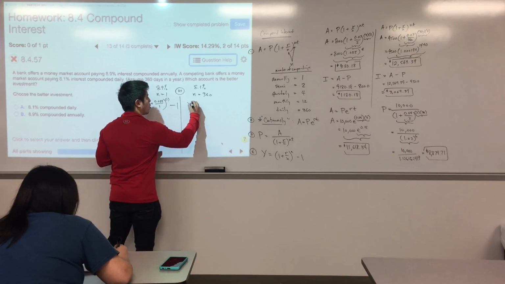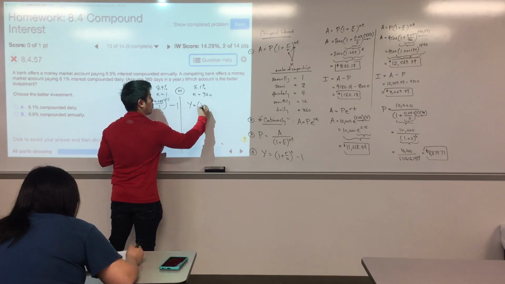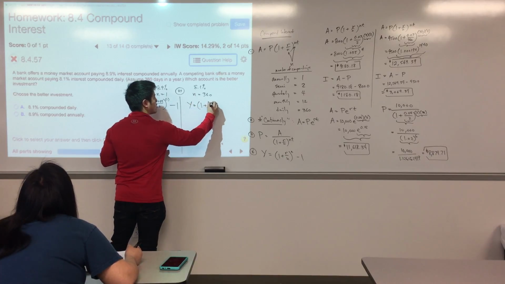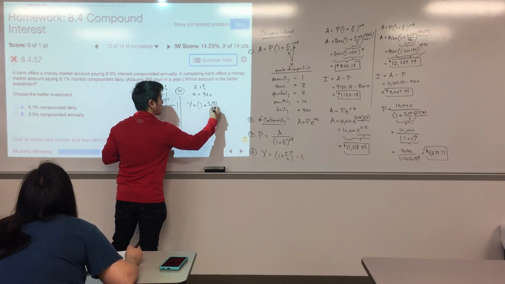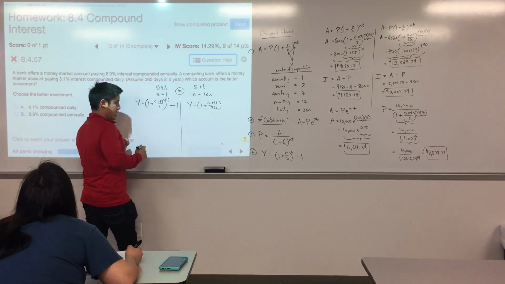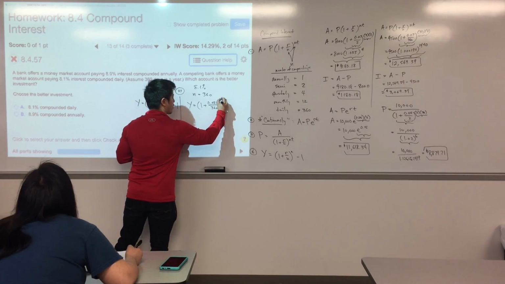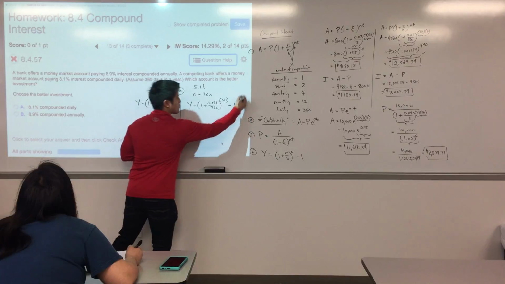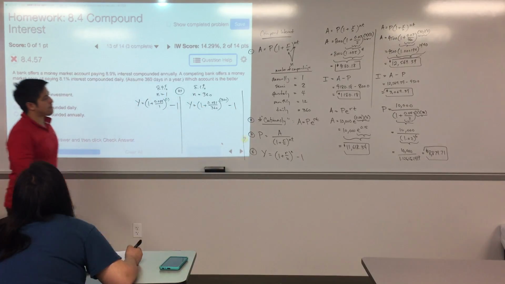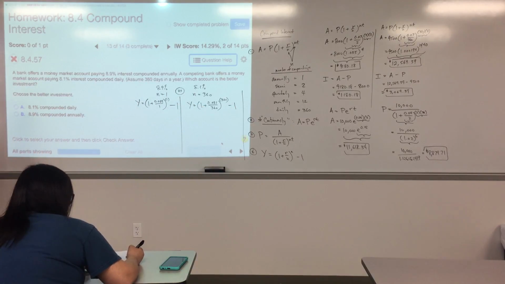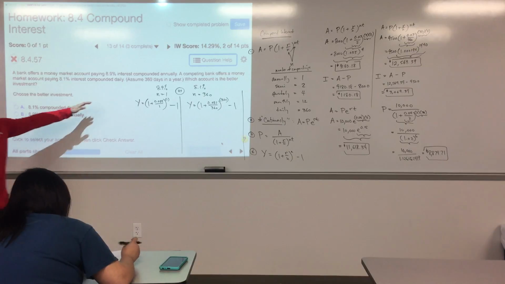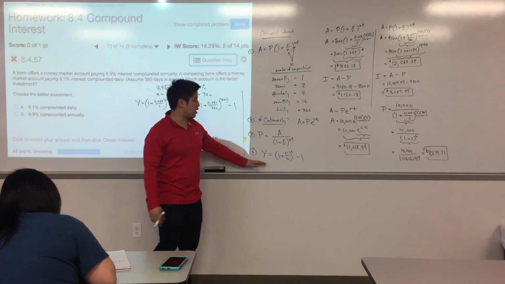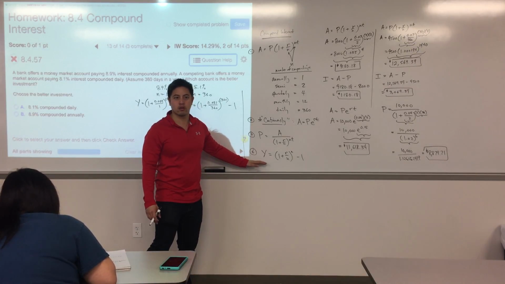The other one, y equals 1 plus your rate, 0.081, over your n, this time it's 360, to the 360 power, minus 1. There's your setups. Are we all in agreement? That's how you set it up, at least based on the effective annual yield formula.